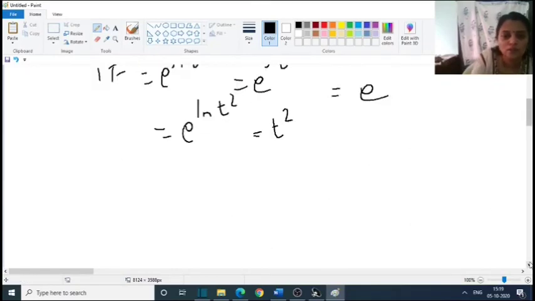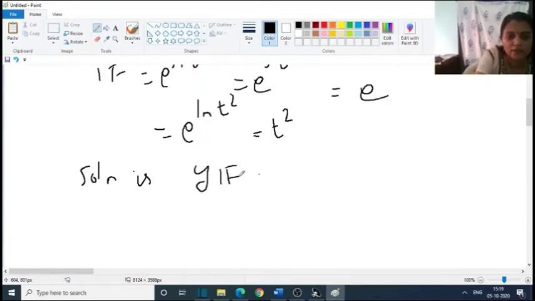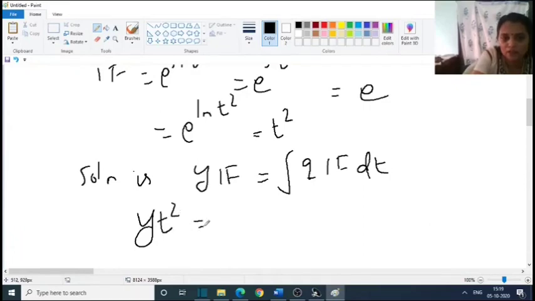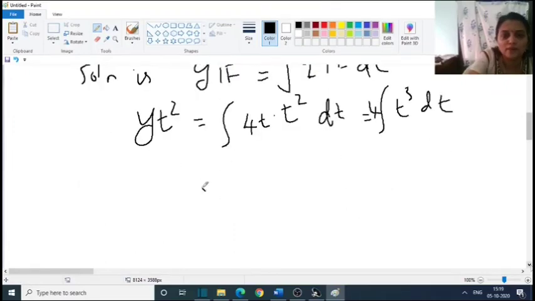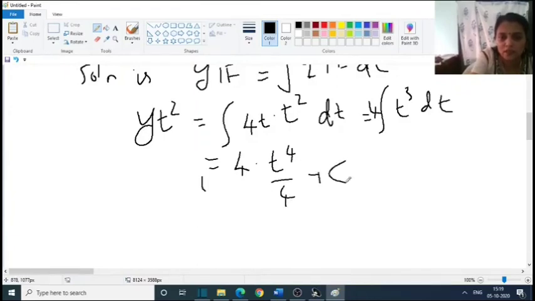Therefore, the solution is y into the integrating factor is equal to the integral of q into the integrating factor dt, which is y t square equal to the integral of 4t into t square dt, which is the integral of 4, and we can take it outside, t cube dt. The integral of t cube is t raised to 4 by 4, so 4 into t raised to 4 by 4 plus c. We can cancel this, so this is t raised to 4 plus c.